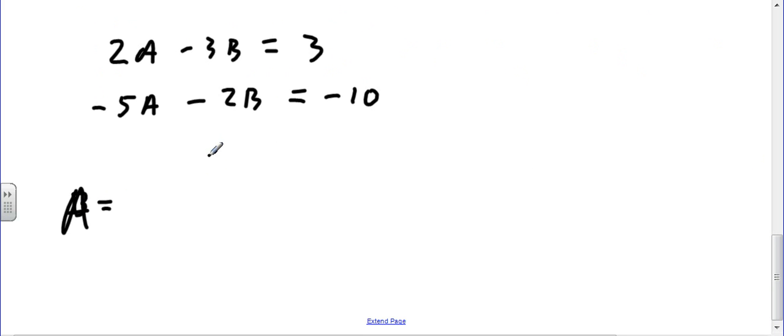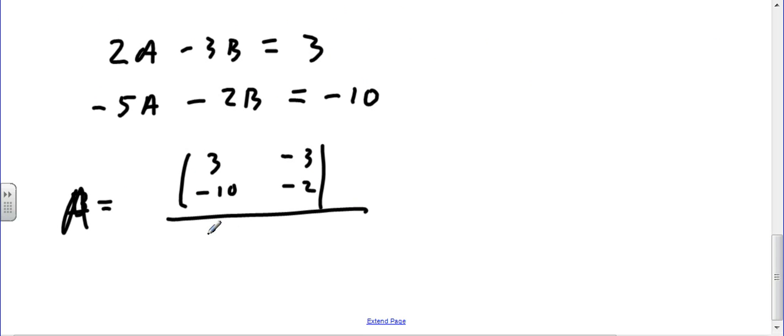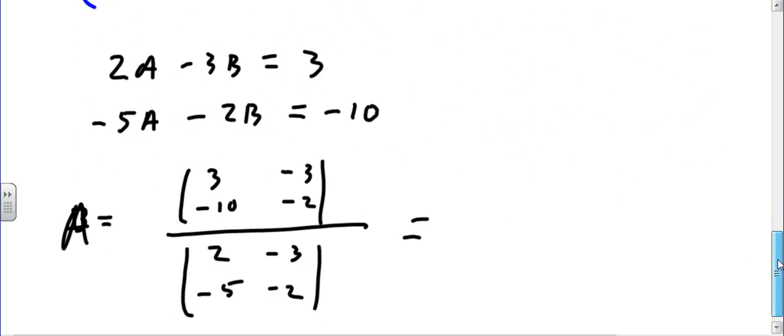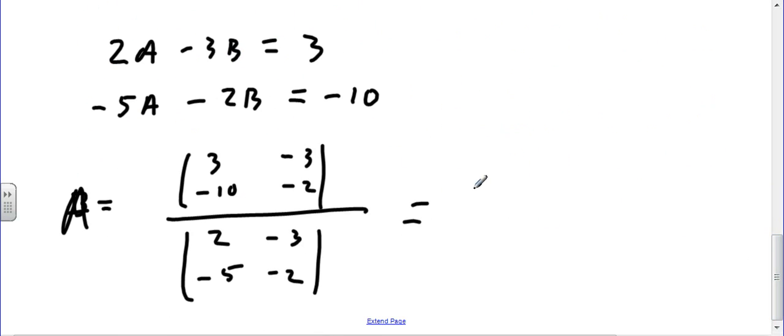A is equal to 3, minus 3, minus 10, minus 2, divided by 2, minus 3, 5, minus 2. Determinant it out. I've got minus 6, I got minus 30. Minus 6 minus 30, yeah, that's what I got, for a minus 36.